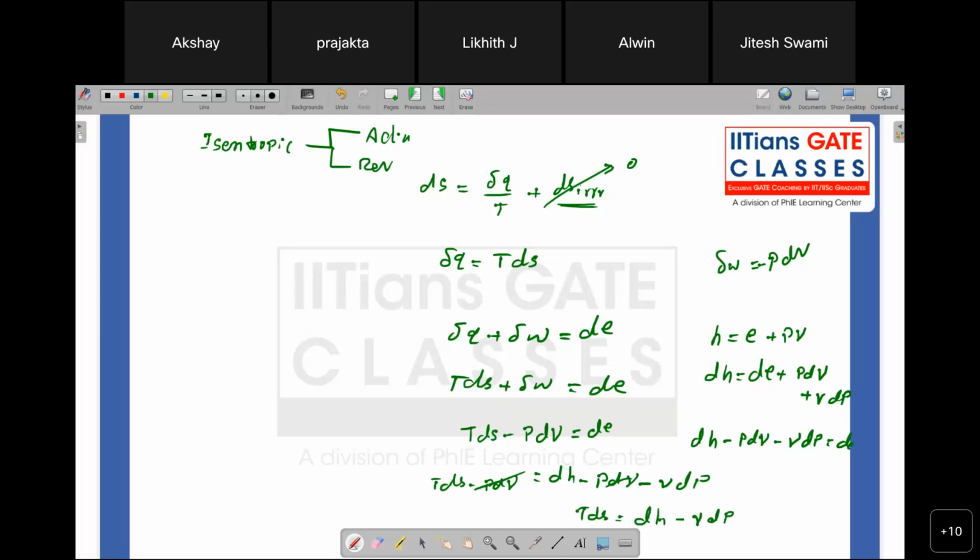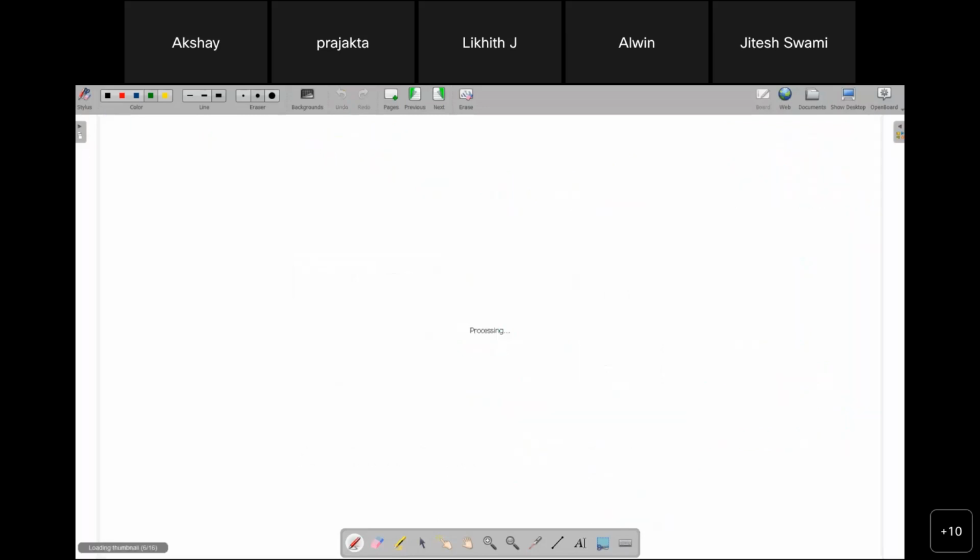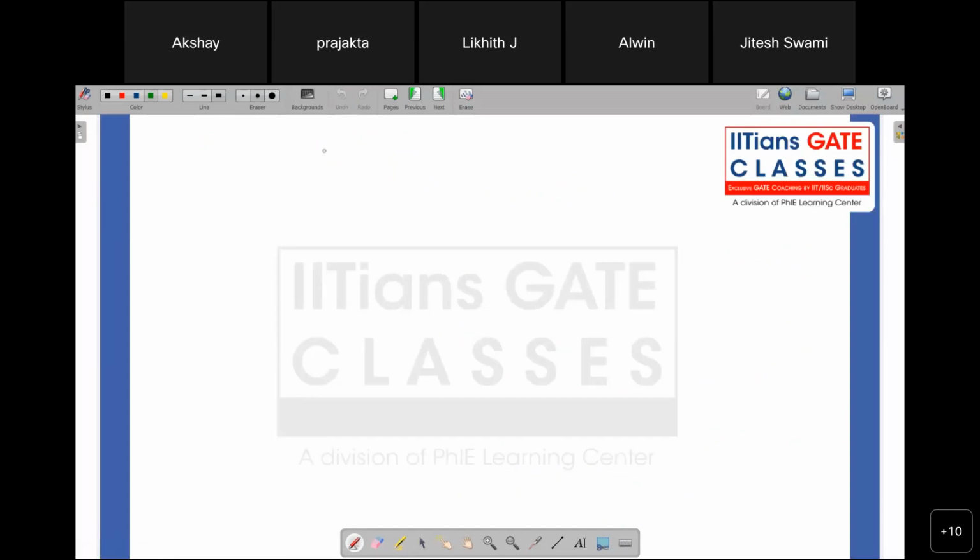So this is a very interesting equation. Now what we can do is, we know that enthalpy is a function of temperature. Similarly, internal energy is also a function of temperature. So H can be written in terms of CpT, where Cp is the specific heat at constant pressure.